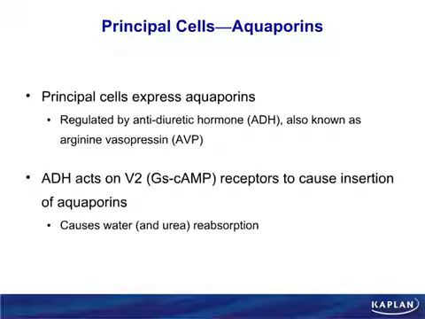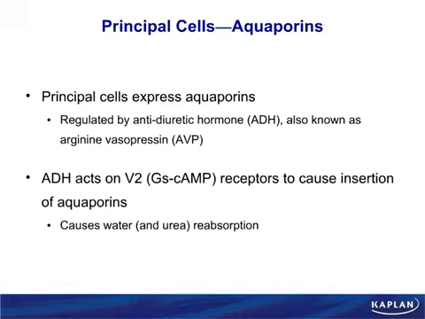Now, there are two stimuli for ADH. One is increase in osmolarity. So, when you eat sodium, there's an increase in your serum osmolarity. Osmoreceptors will sense an increase in osmolarity, and that will lead to an increase in ADH release. So you can increase reabsorption of free water and decrease your osmolarity.